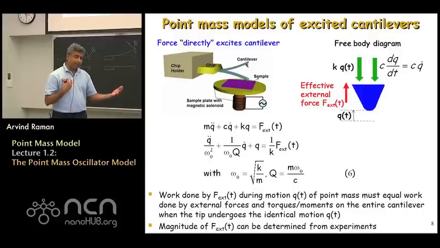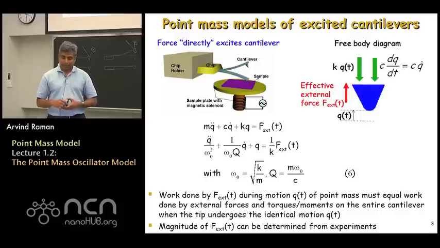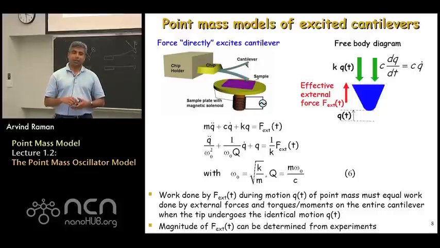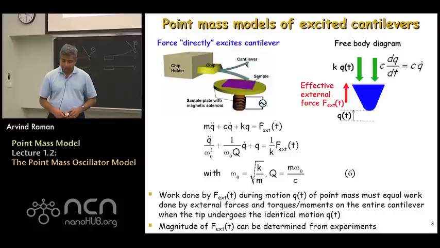Now, this can be done based on fundamental mathematical models, but what we'll show later in the class is you can determine the effective external force by some simple experimental measurements without having to resort to fundamental models of excitation and cantilever bending and so on.